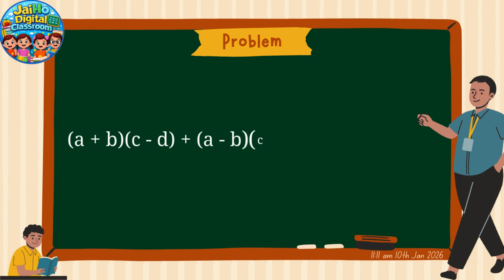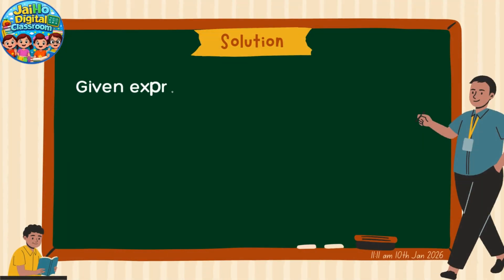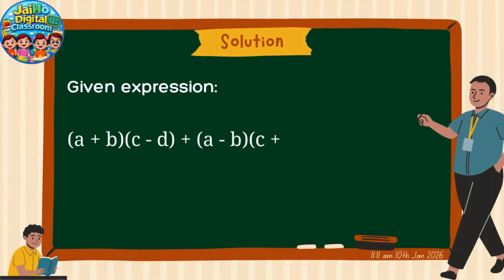Maths problem. Let us solve this algebra problem step by step. The given expression is (a plus b)(c minus d) plus (a minus b)(c plus d) plus 2 times (ac plus bd).